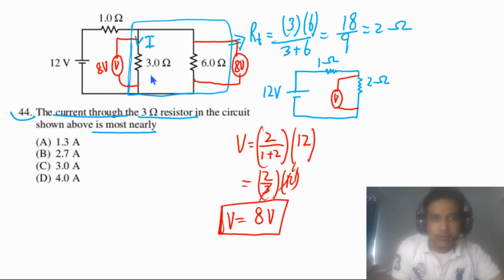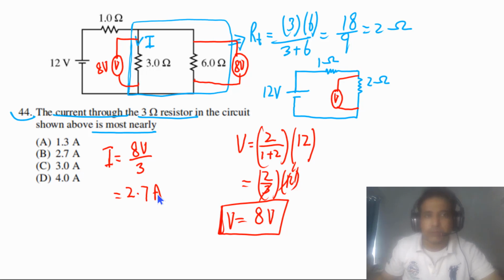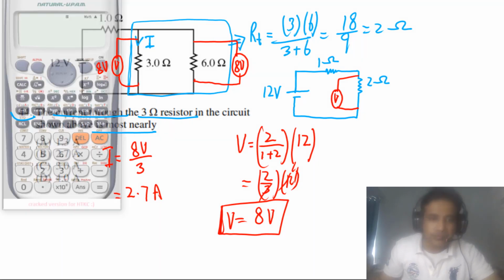So we have the PD across this one, and we have resistance of this resistor. So we can find out value of current. PD across this one is 8 volts divided by 3. So we will get about 2.7 amps.